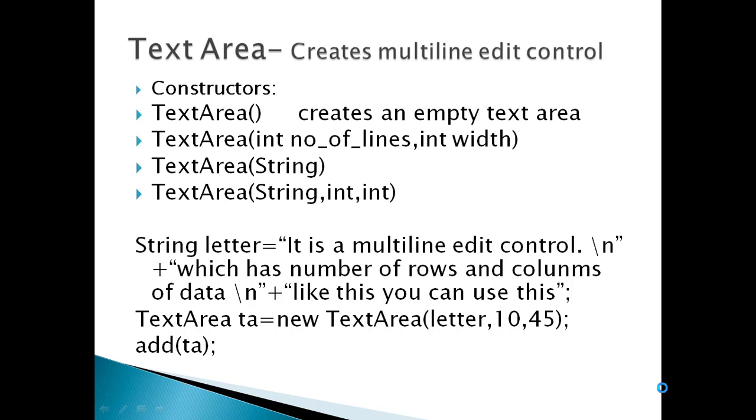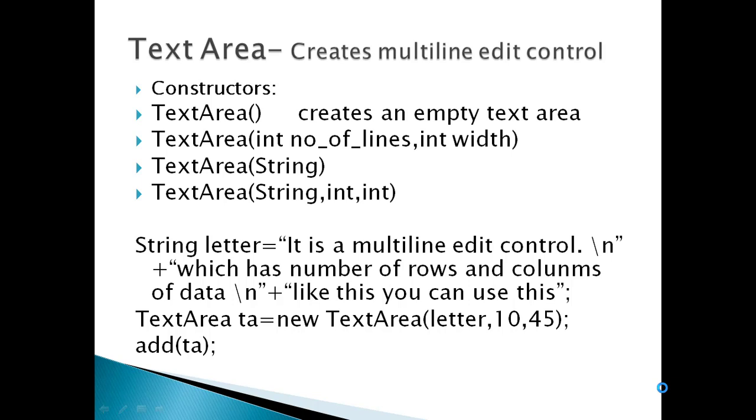After that we have used the constructor TextArea(String, int, int) and created the text area like this: TextArea ta = new TextArea(letter, 10, 45), where the data variable is followed by 10 rows and 45 columns.